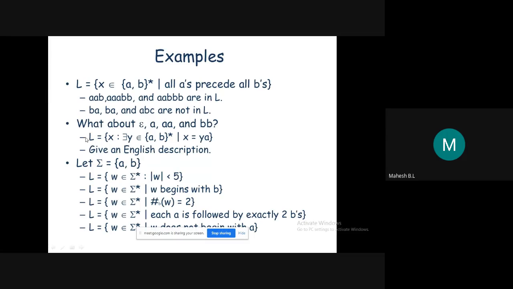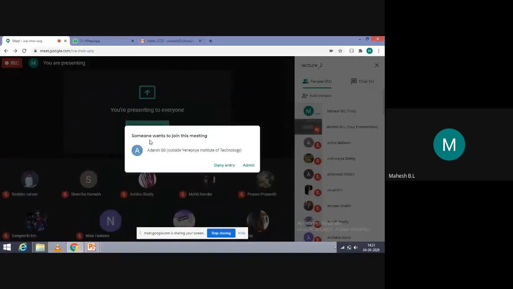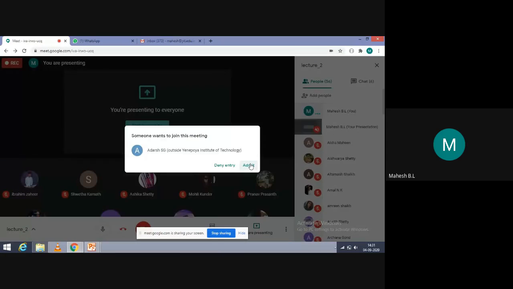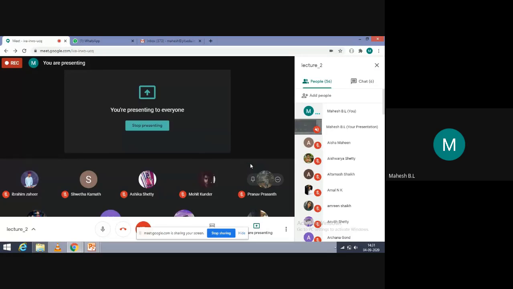So L is nothing but the set of all those strings which are formed using a and b which end with a. Okay, so description should be simple always. Description has to be simple.